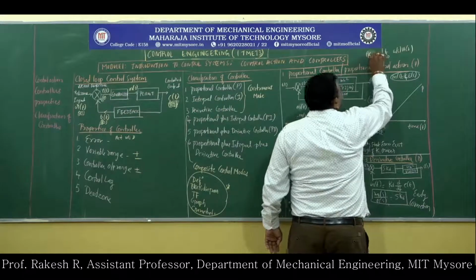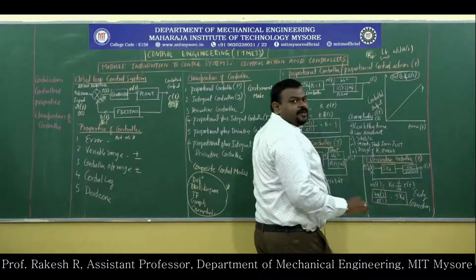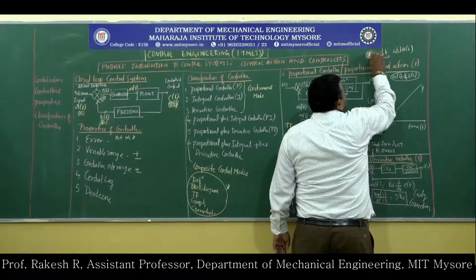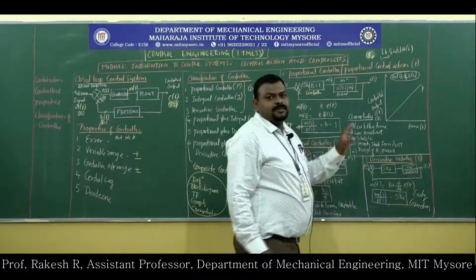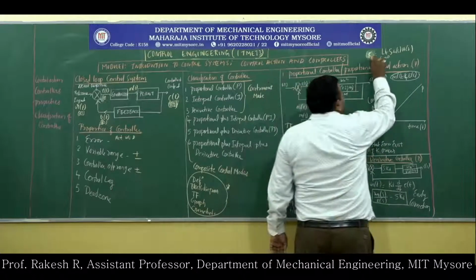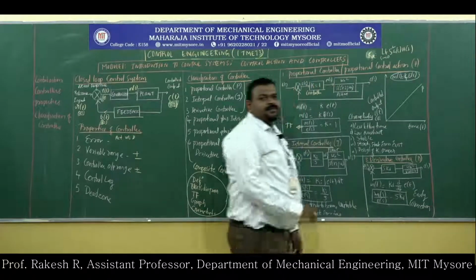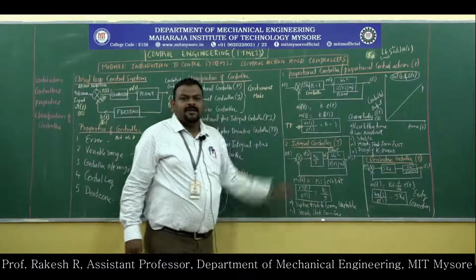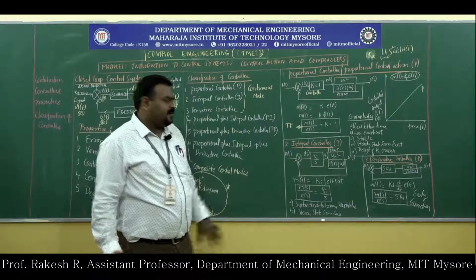So Kp is equal to this. If it is the proportionality constant for velocity, Kv is equal to S into this. If it is for acceleration, Ka is equal to S square into this. So these things we will calculate in time response analysis in detail.